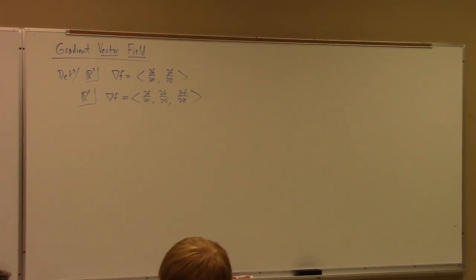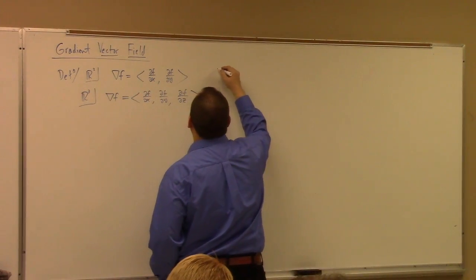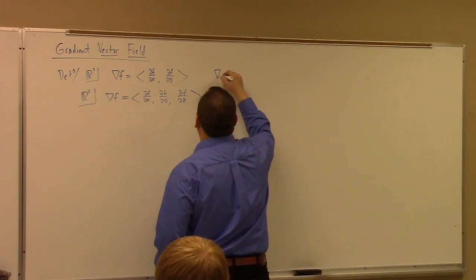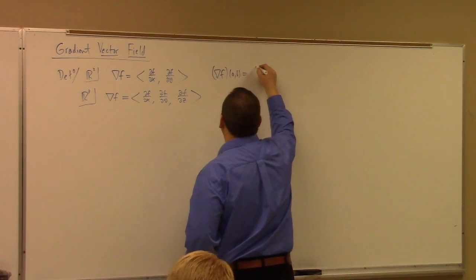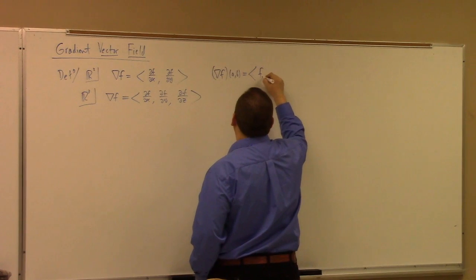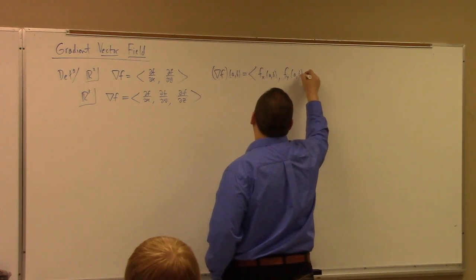Now, the reason that this is a vector field is this. These are actually functional equations. To be more pedantic about it, you have the gradient of f at the point (a, b) is equal to this. It's f_x at the point (a, b), f_y at the point (a, b).